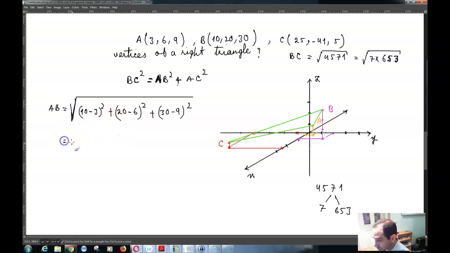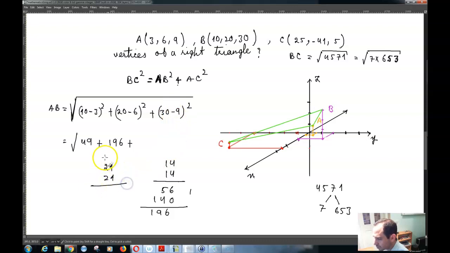And so this is equal to the square root of: 10 minus 3 is 7, 7 squared is 49; 20 minus 6 is 14, 14 squared is 196; 30 minus 9 is 21, and 21 squared is 441.